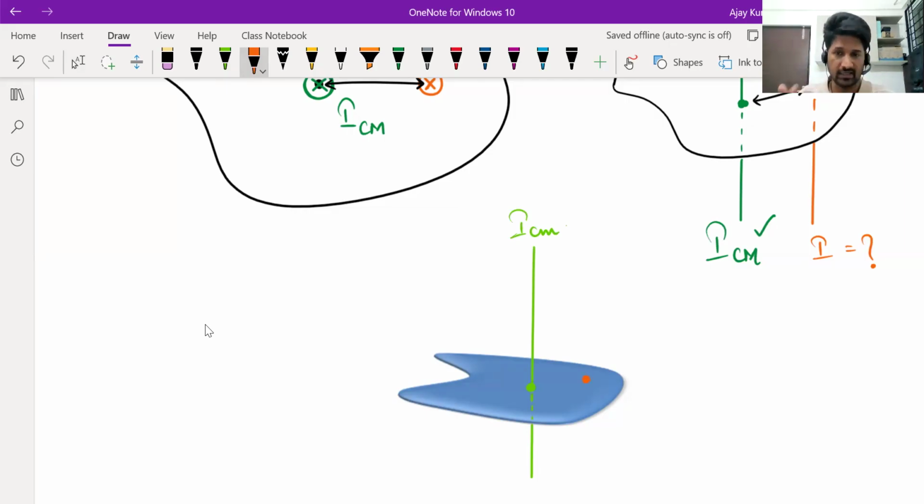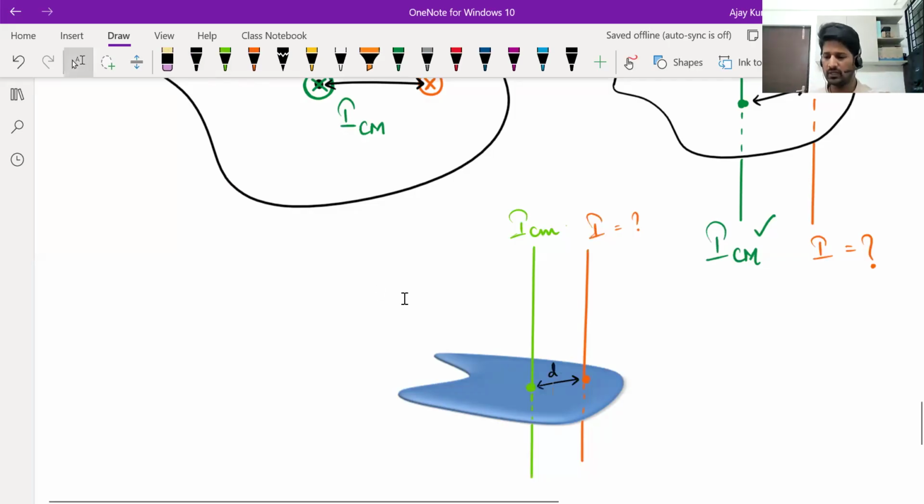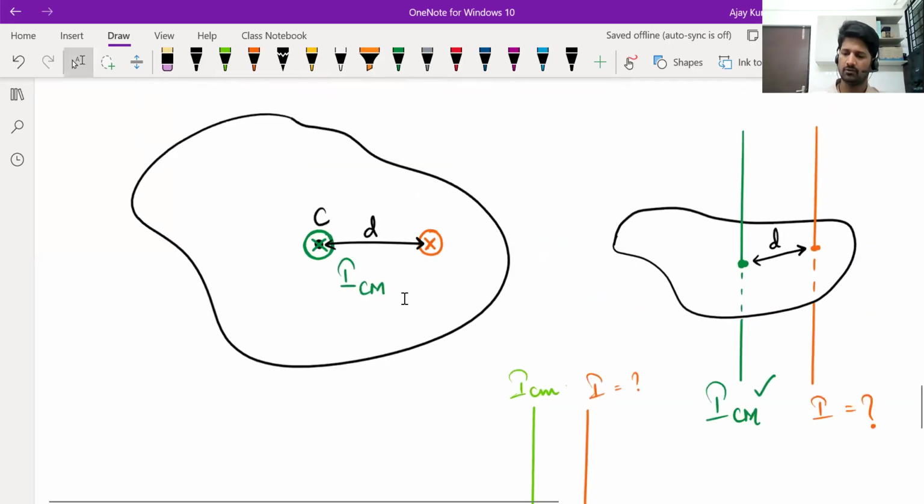That other axis may lie within the object, it may lie outside the object also, doesn't matter. You'll understand after we derive it. But what we are trying to do is derive its moment of inertia about this axis. And the distance between these two axes is d. Now, when you look at it from above, it kind of looks like this.